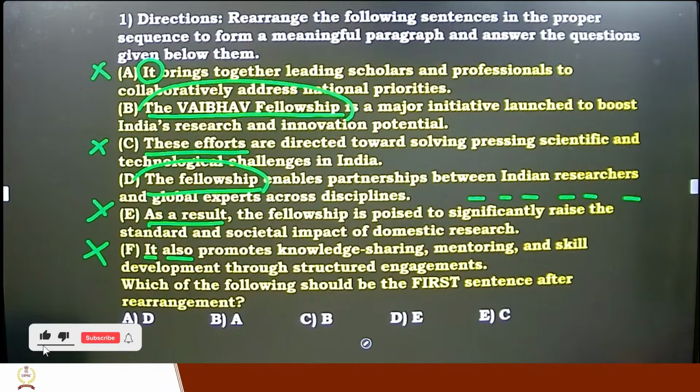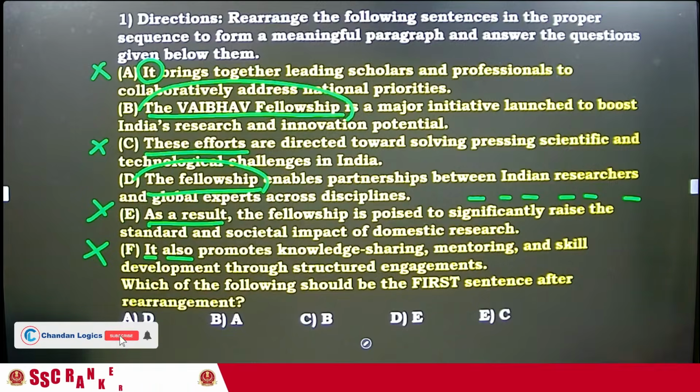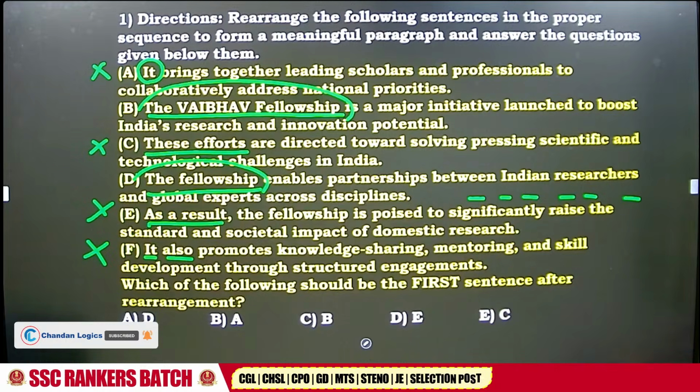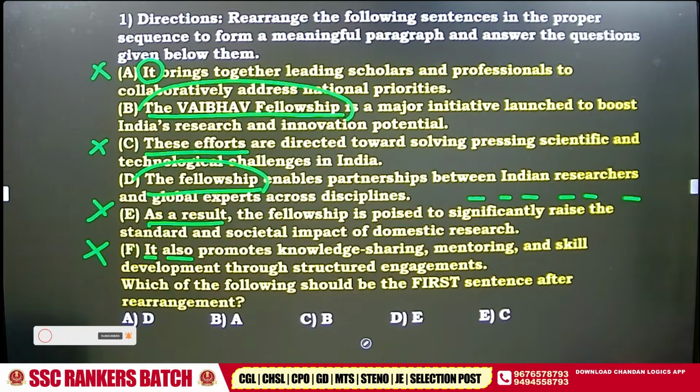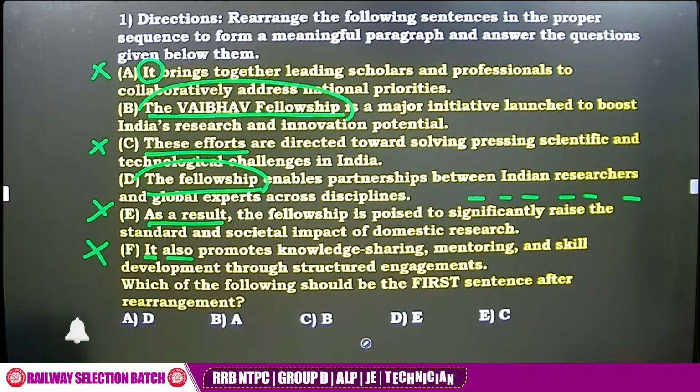Now try to find out which sentence is the correct statement. Can you make it fast? Which sequence is the correct statement? Yes, I'm waiting for your answer.